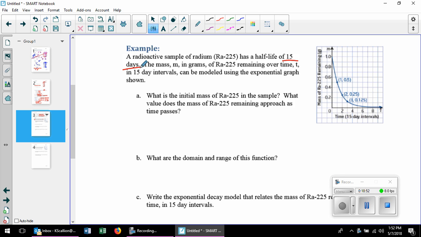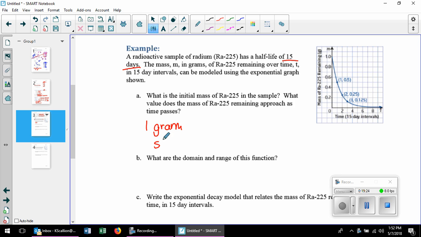What's the initial mass of radium in the sample? So at time 0, where are we starting? We're starting at 1 gram. Okay. Perfect. And then it says, what value does the mass of radium remaining approach as time passes? Where is it getting to? Yeah.